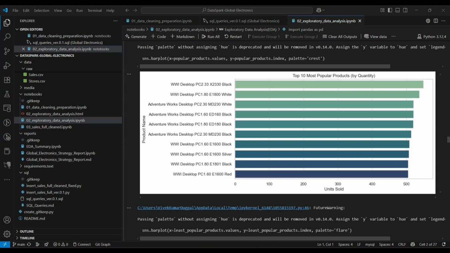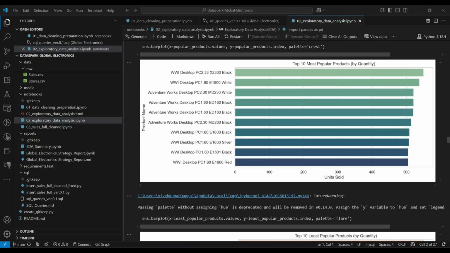Here is a detailed interpretation of the graphs with actionable business insights for Global Electronics. Top 10 most popular products by quantity sold. Insight: all top 10 products are WWI or Adventure Workshop desktop PCs, primarily lower-end models.